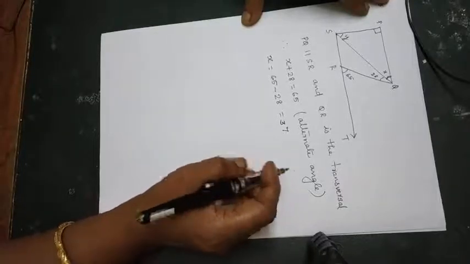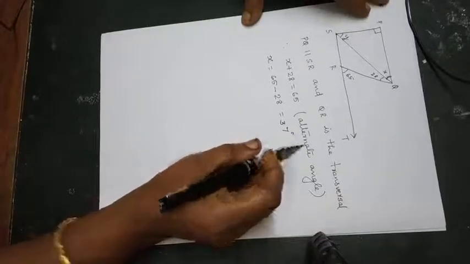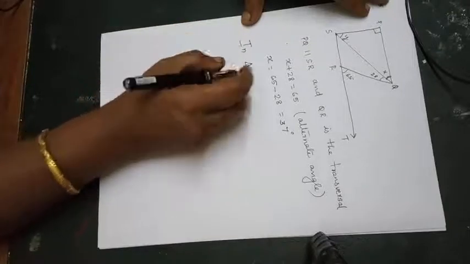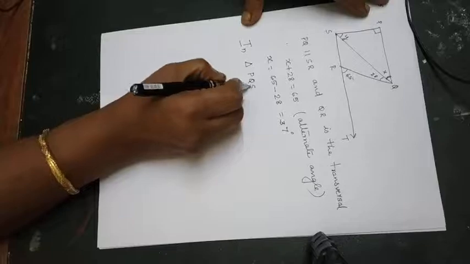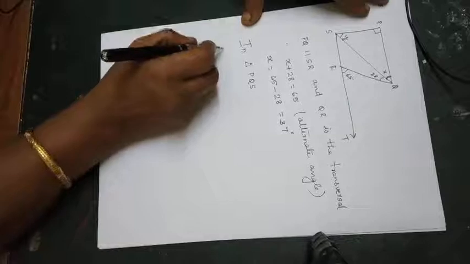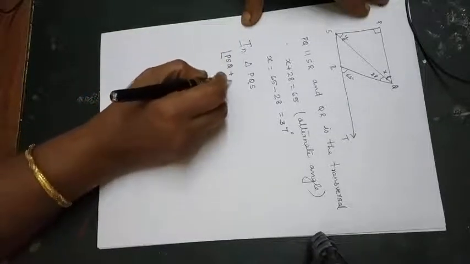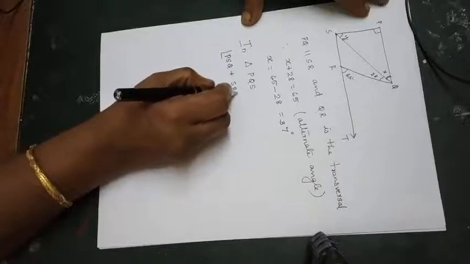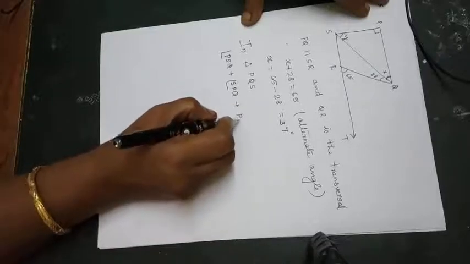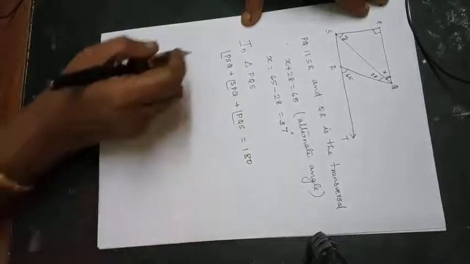Now X you got 37. Now in the triangle PQS, okay, in triangle PQS, angle PSQ, that is Y, plus SPQ plus PQS will be equal to 180 degrees.